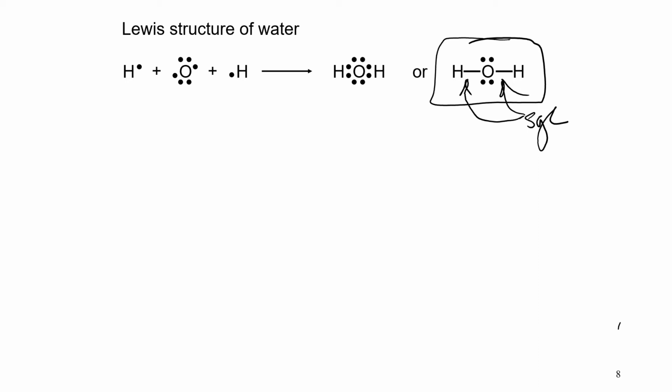Now, oxygen, because it has 8 electrons, satisfies the octet rule and is in its most stable bonding state. Hydrogen, on the other hand, only has 1 valence electron. Therefore, it can only make 1 bond, and that is through sharing its electron with one of oxygen's electrons, and we call this the duet rule.